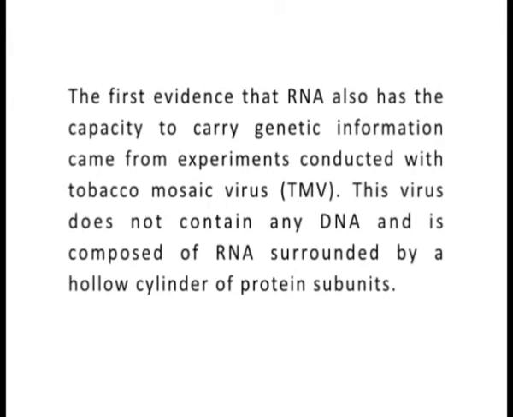The first evidence that RNA also has the capacity to carry genetic information came from experiments conducted with tobacco mosaic virus. This virus does not contain any DNA and is composed of RNA surrounded by a hollow cylinder of protein subunits. The experiments conducted by Fraenkel-Conrat in California, showing that RNA is the genetic material in this virus, will be briefly discussed in this section.